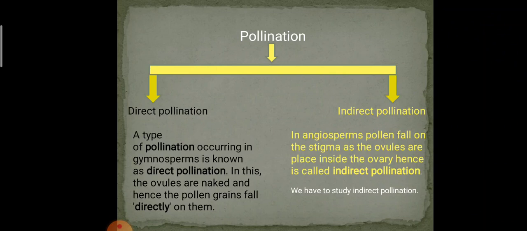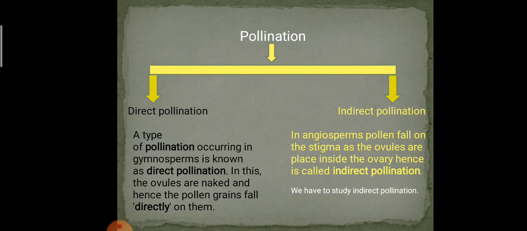Direct pollination means transfer of pollen grain directly to the ovule, and indirect pollination means transfer of pollen grain first to the stigma, then to the style, and then towards the ovule. So in direct pollination pollen grains stick to the ovule, and in indirect pollination pollen grains stick to the stigma and then come towards the ovule.